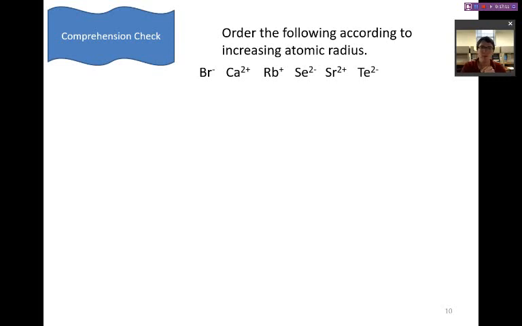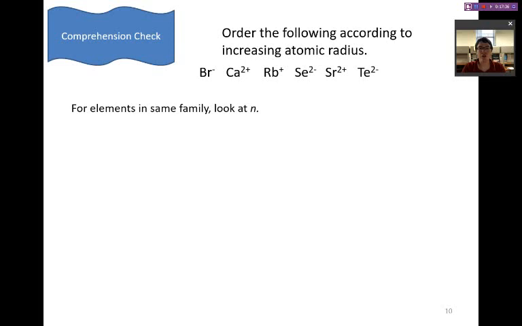Welcome back. So if we want to rank these in terms of increasing atomic radius, there's a couple things to look for. One thing to keep in mind is that if you have two elements that have the same charge, then they are probably in the same family. And if they're in the same family, we can rank them based upon which row they're in.